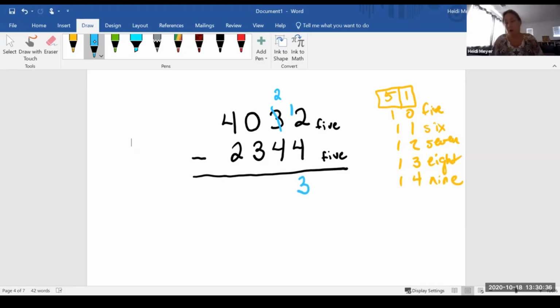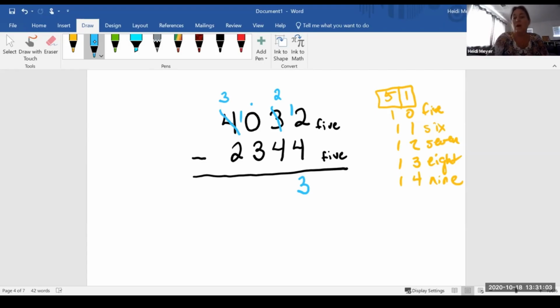Oh, I need to borrow again. But I look next door and I have a 0. So I have to come all the way over here. I borrow from the 4. I put a 1 in front of this number. And here's where we have to be careful. This is where so many people want to cross that out and write a 9, because they're so used to crossing out what looks like a 10 and putting a 9, or what looks like a 0 and putting a 9.